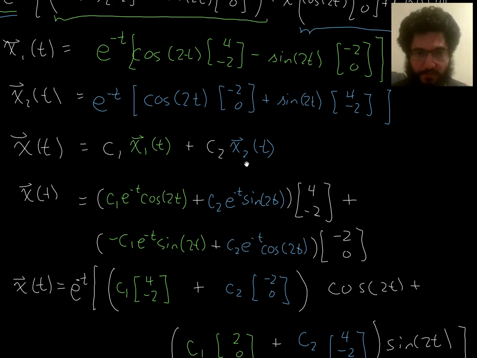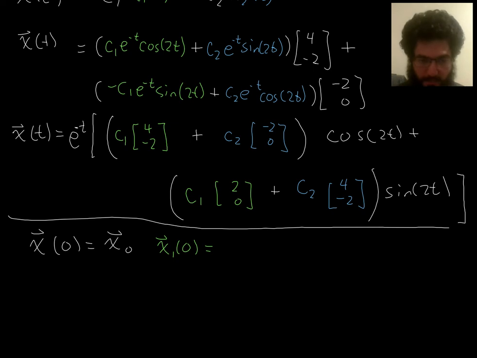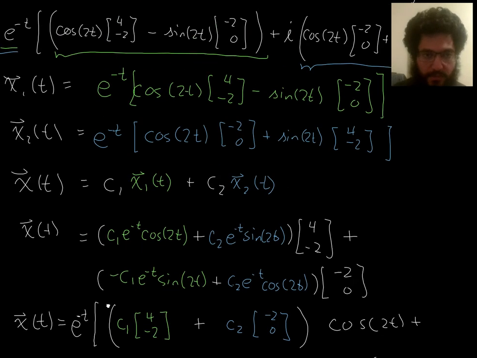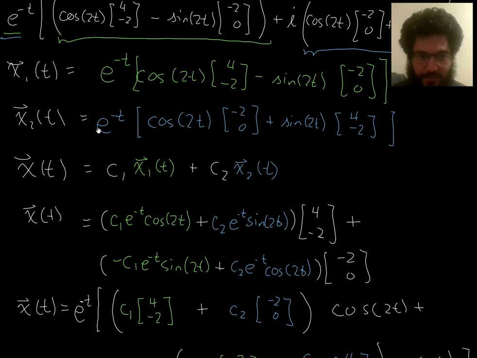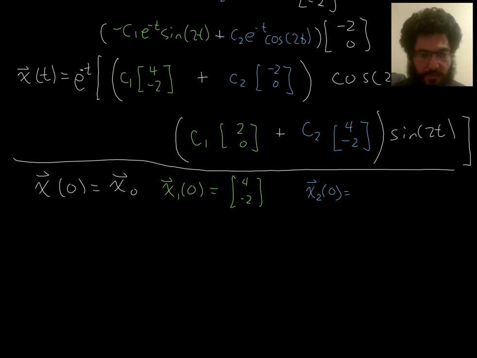So I just get the vector 4, negative 2. Oh, well, that's nice. And then how about x2 of 0? Scroll back up. Here's x2. I get 1 times negative 2, 0. And then that part is 0. So I just get negative 2, 0. Great.